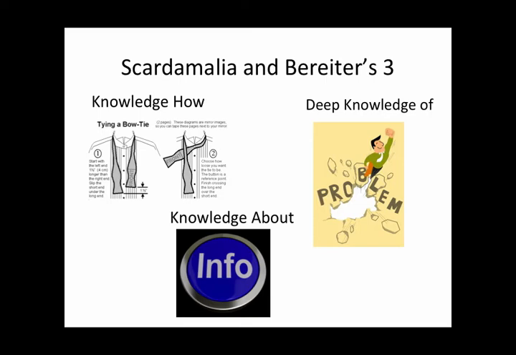Deep knowledge of is similar to Bloom's higher order thinking skills. Knowledge how to is similar to Gagne's psychomotor skills, but it might also include non-physical procedures. Knowing how to do something on the computer, for instance, is not really a psychomotor ability.